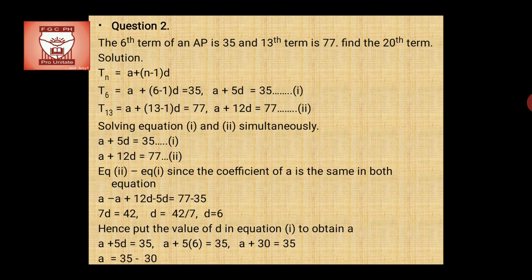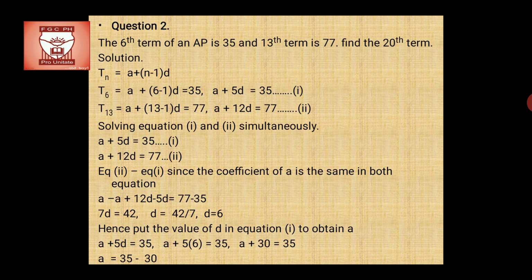Let's also look at example 2. The question says the 6th term of an AP is 35 and the 13th term is 77. Find the 20th term of the progression. Solution.